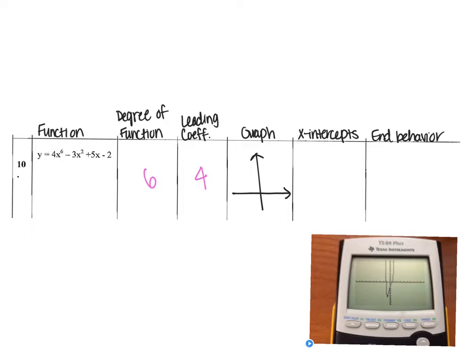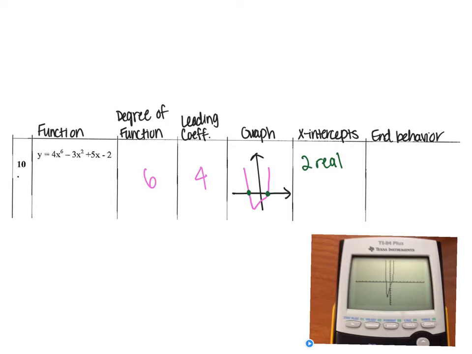Okay, so graphing this on our graph, it looks kind of like it goes down a little bit. Then it kind of wiggles a little, goes back up. So we can see that with this one here, there are 2 intercepts. We have 2 real because we can actually see them.